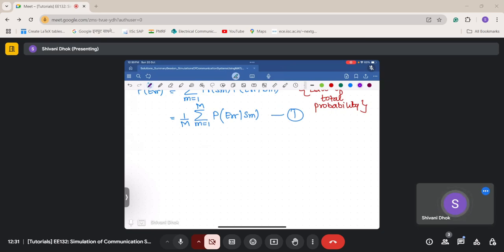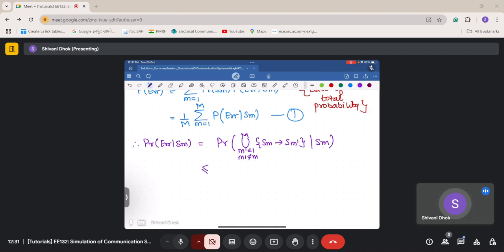So therefore probability of error given Sm was transmitted will be equal to probability that the union over m prime equal to 1 to M, m prime not equal to m, Sm gets converted to Sm prime. Any one of these events happens, then there will be an error given Sm was transmitted.